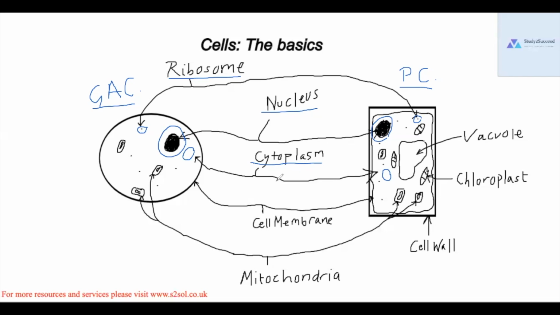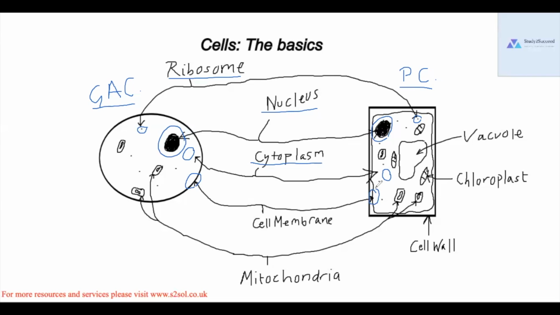The next structure we have is the cell membrane. Now, the cell membrane is the outer structure that we have in our generic animal cell. So this structure here. However, in our plant cell, it is the inner thin black line that we have here. That is the cell membrane.